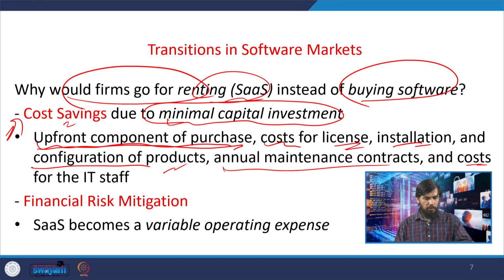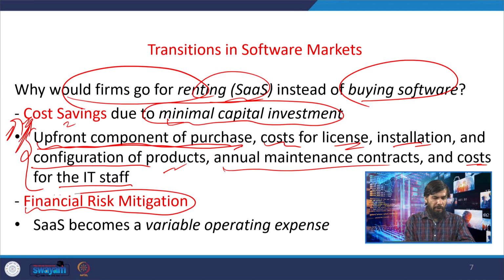So the costs for the IT staff, the people who would actually be doing all these activities that we just talked about, would also have to be paid, right. So there would be a lot more cost savings when we go for SaaS, and these are some of the items that we have listed here. So cost savings due to minimal capital investment is a very huge plus for SaaS.